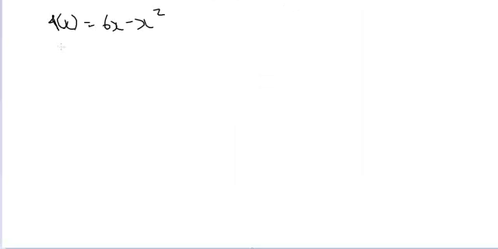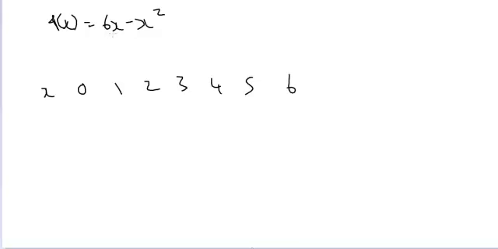So our function f of x is equal to 6x minus x squared. We evaluate this at 0, 1, 2, 3, 4, 5, 6. So we'll just have x, that's 0, 1, 2, 3, 4, 5, and 6.